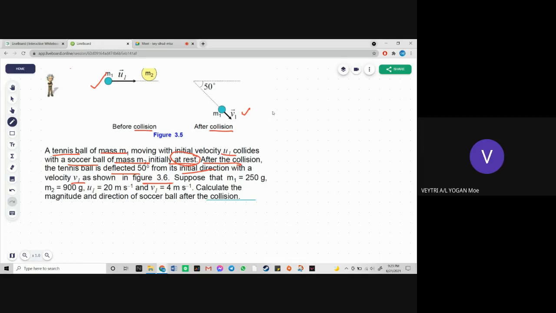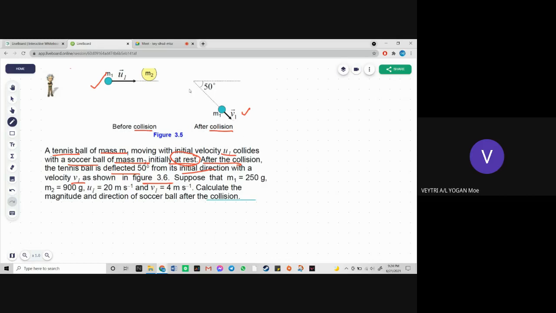We have learned two types of collisions, elastic and inelastic. Now two objects collide and then move away. The moment it moves in a separate direction after collision, that is called an elastic collision. It's like the rubber analogy we did earlier: a rubber band against a wall. What happens? The rubber bounces off in another direction, right? So that is the concept of elastic collision.